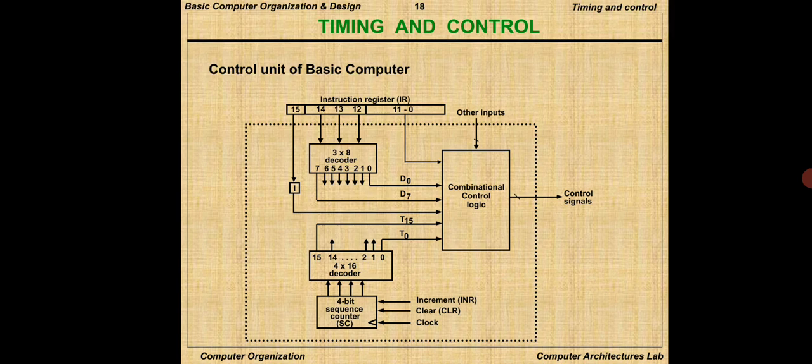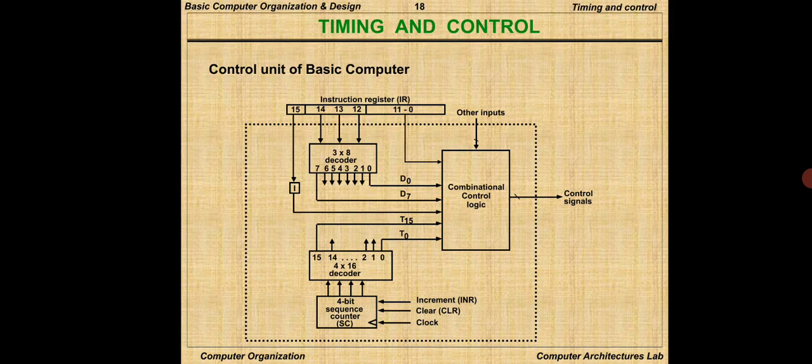Okay, now to decode each and every clock pulse we will use a decoder, and that decoder is nothing but a 4x16 decoder. For this 4x16 decoder, the input comes from the sequence counter. It is a 4-bit sequence counter which counts the values from 0 up to 15.